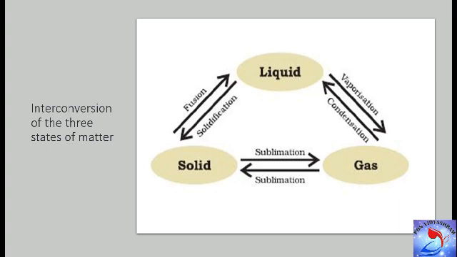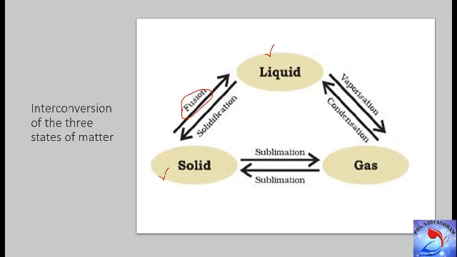Here I have given the interconversion of the states of matter with the help of a diagram. I'll start with solid. The process of conversion of solid to liquid is called fusion, and the temperature at which solid turns into a liquid is called the melting point.